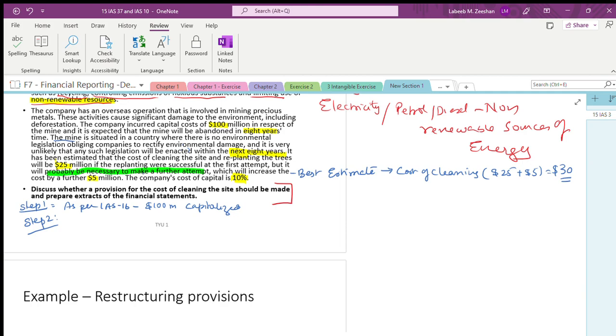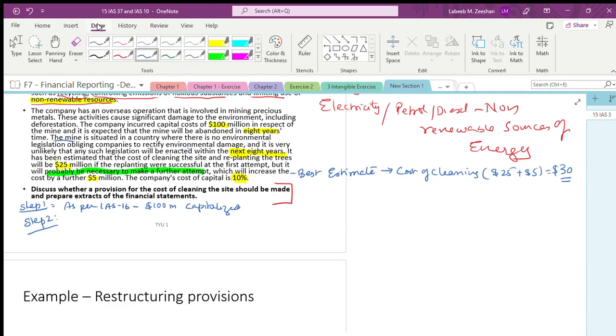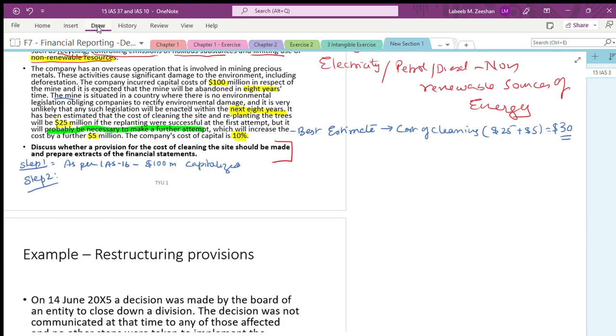We have to see, this is why we call it a provision. Okay, now see what's happening. 30 million.